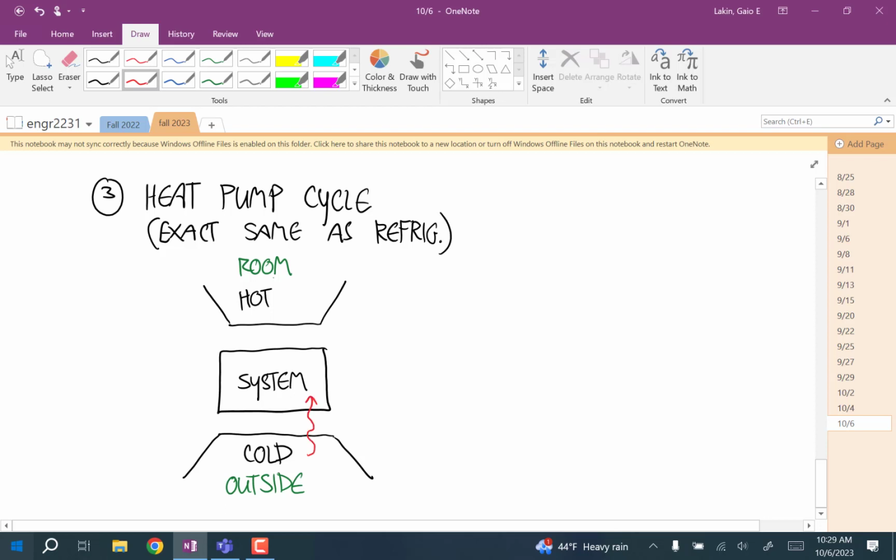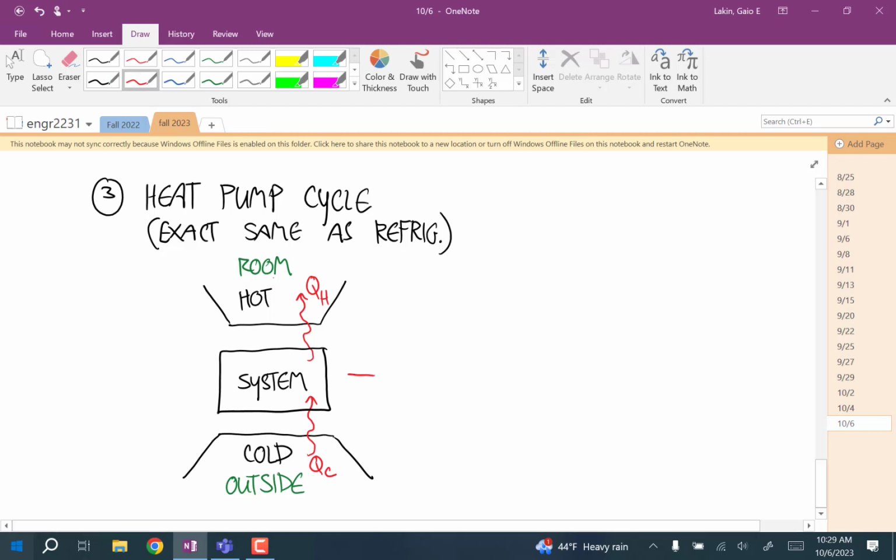You're pulling heat from the colder area outside, and we'll call that QC. You're ejecting that heat to a hotter area, we'll call that QH. That's impossible on its own. That's what the Clausius statement says.